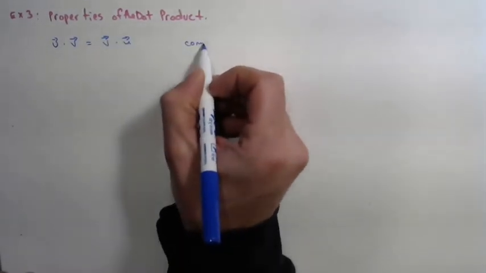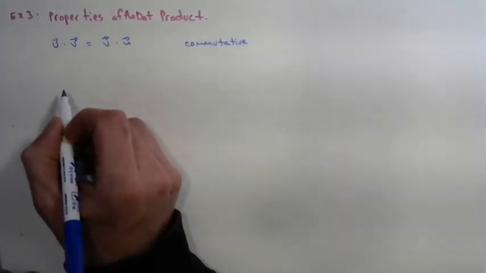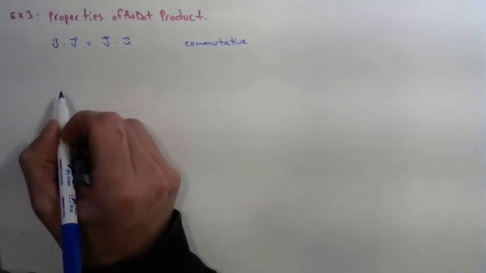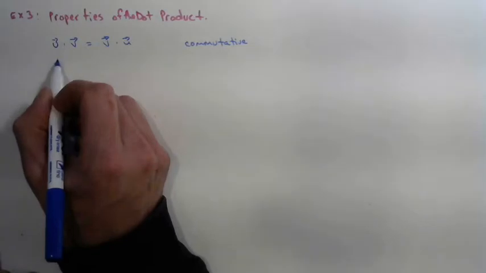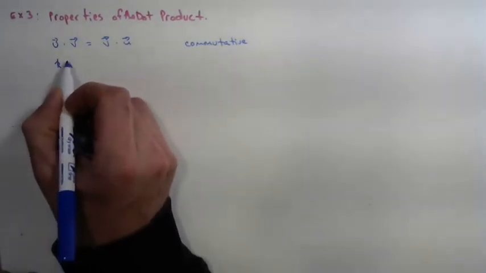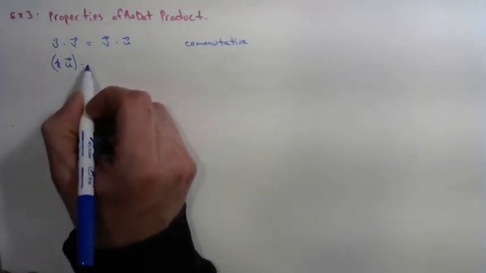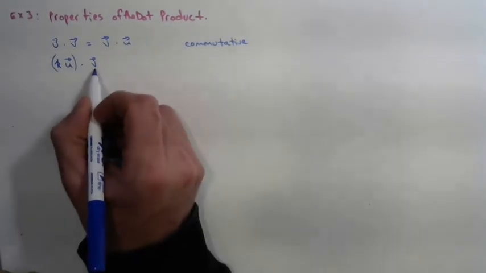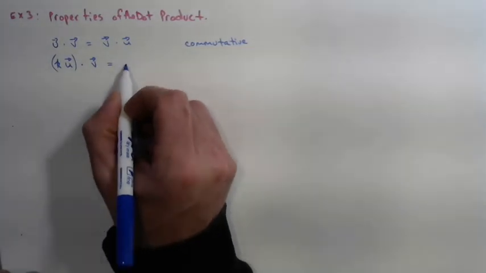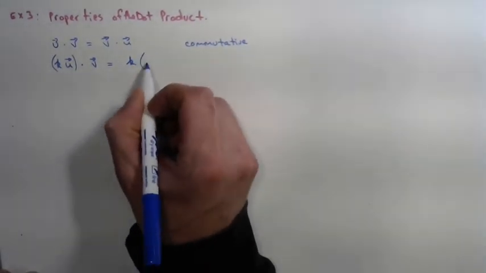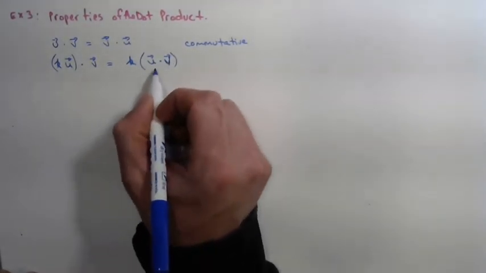That is the commutative property. Then you have the associative property. The associative property allows you to say that if you have a scalar quantity k times the vector u, dot v, because it's basically multiplication in between each of these, you can take that scalar multiplier out and do the dot product of your two vectors, which is essentially multiplication with vectors.